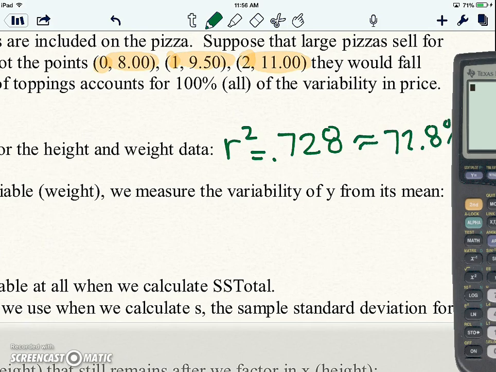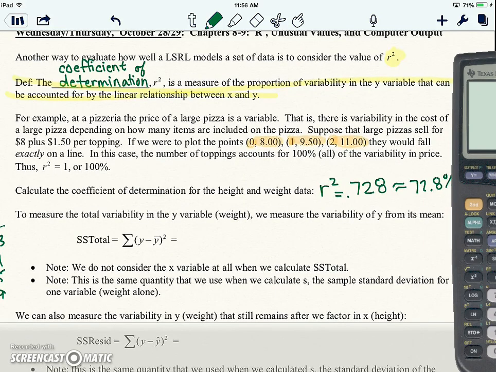And what that claims is that 72.8% of the variability in weight can be accounted for by how tall the person is. The rest of it might be how big of a bones they have, how much they eat, etc. And we're going to talk about a by-hand way to find r squared.